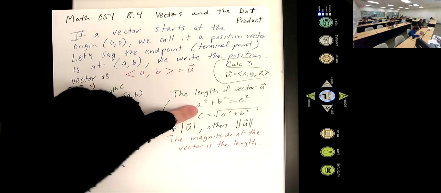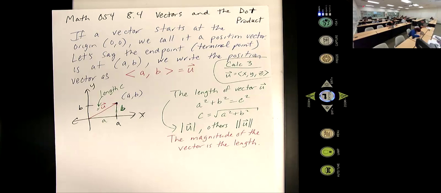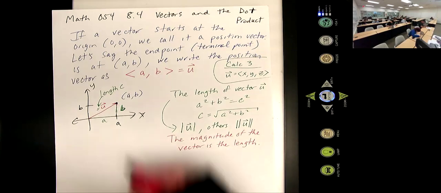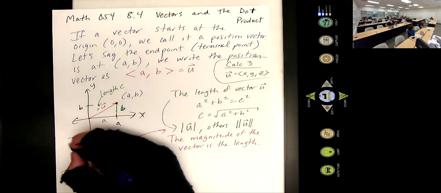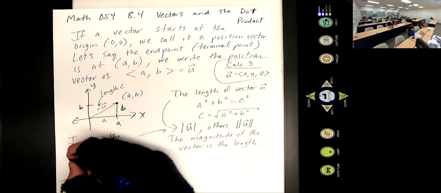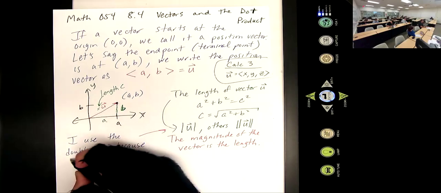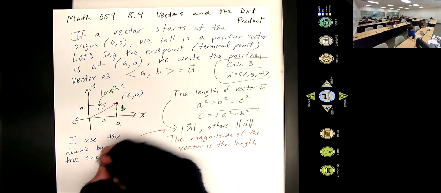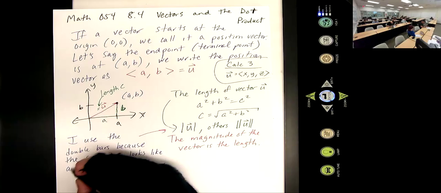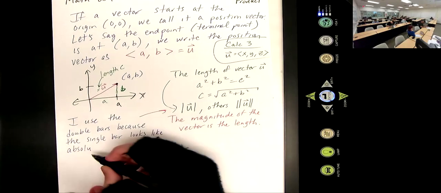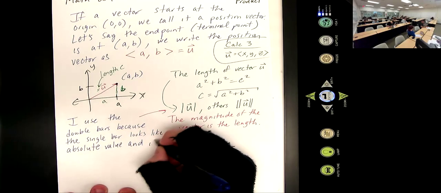It's magnitude, a length thing. I'll make a little note about that. I use the double bars because the single bar looks like absolute value and it is not.